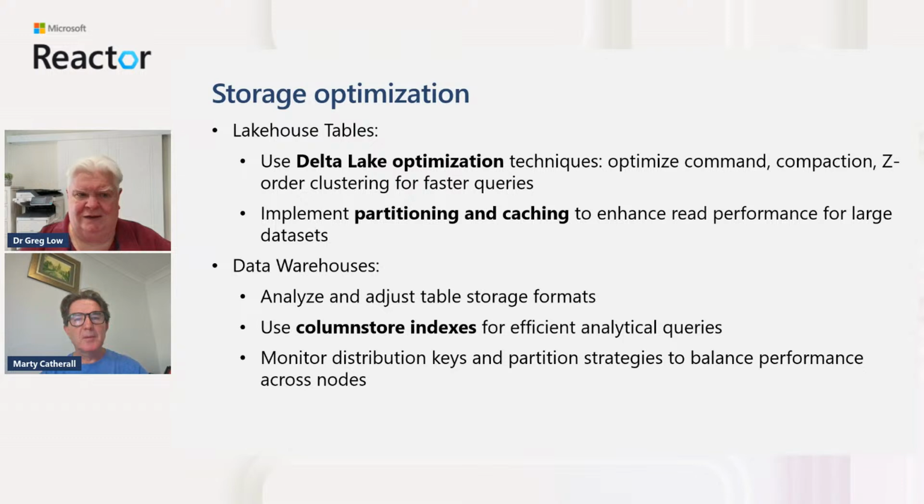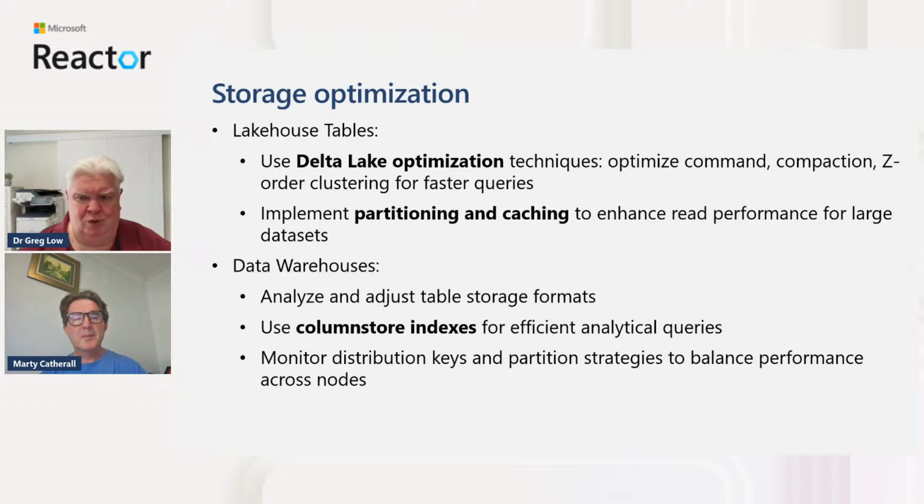And so as part of compaction, there's also Z ordering or Z ordering clustering. So this says it's not just a case of what's in each of the files, but what we're looking to do is try and make sure that the rows of data, or the records in this case really, that are sitting in all of those files are in an appropriate order. That means that things like push down of predicates actually end up working better.